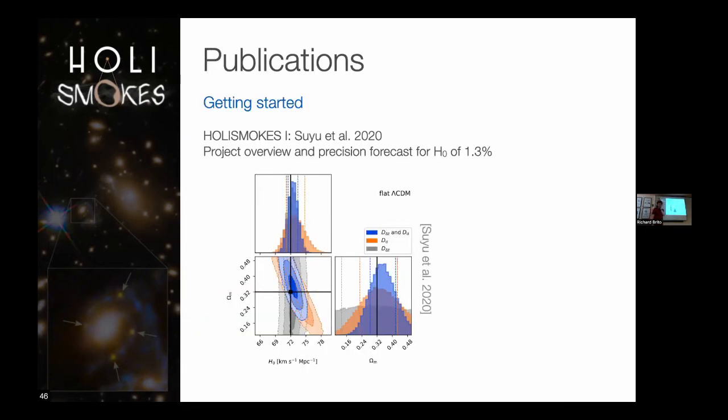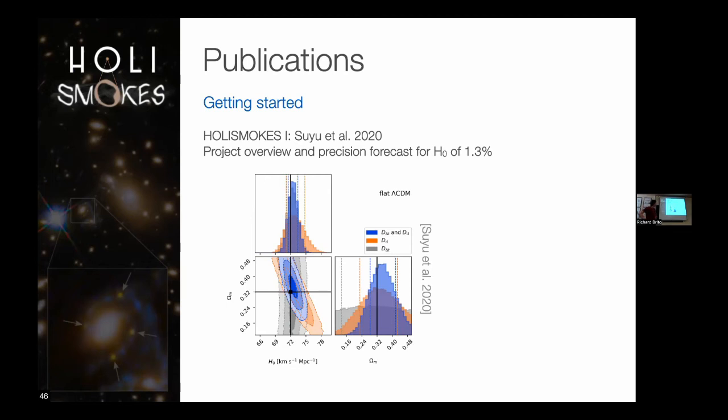Yeah. So at the moment, we are still waiting for the first suitable lensed supernova that we can play all this with. But we are, of course, not sitting around and just waiting, and we are doing some preparatory work and also have already some papers published.